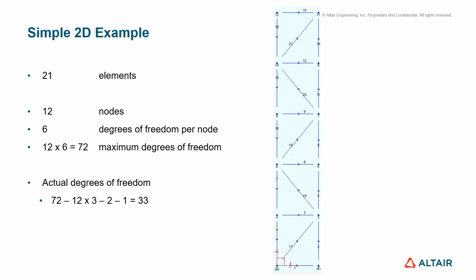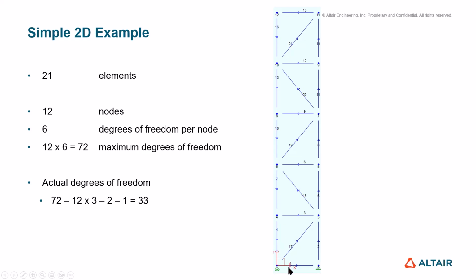Before we leave this slide, I'd like to point out that these arrows that you see in this graphic indicate the local x-axis for each element. And as you can see, they can be going from any direction to any direction. In this case, it goes from node 5 to node 6. In this case, it goes from node 1 to node 2. And then the crossbars, again, you can see the direction of the local or element coordinate system.